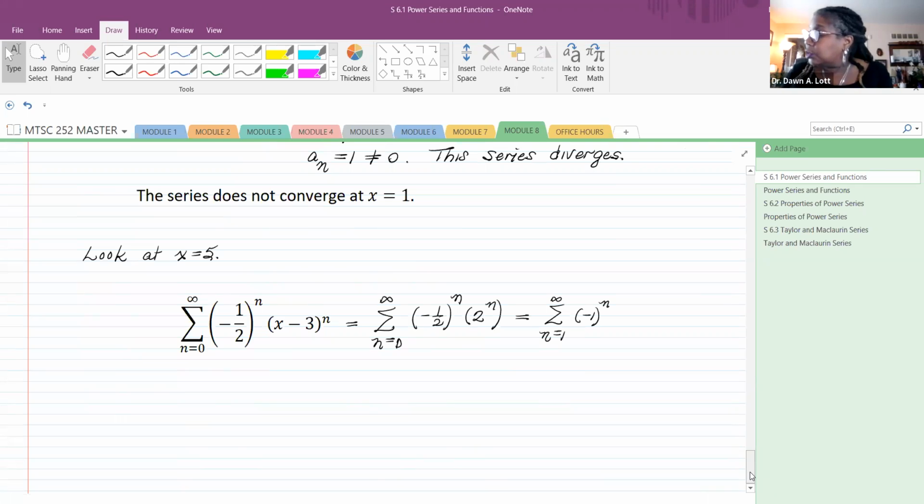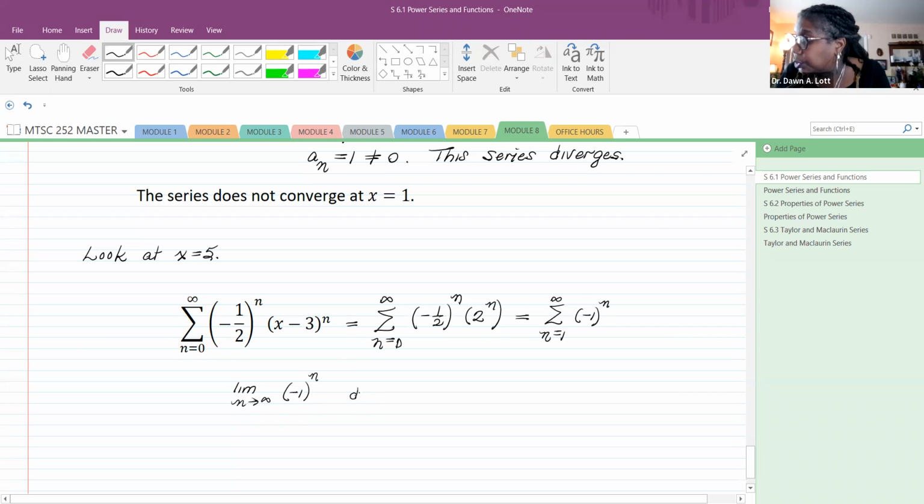All right, so the limit as n approaches infinity of negative 1 to the n, this thing diverges.